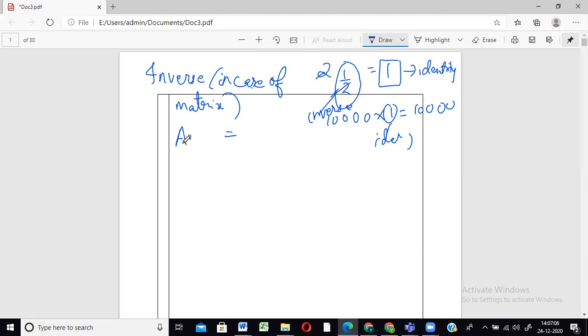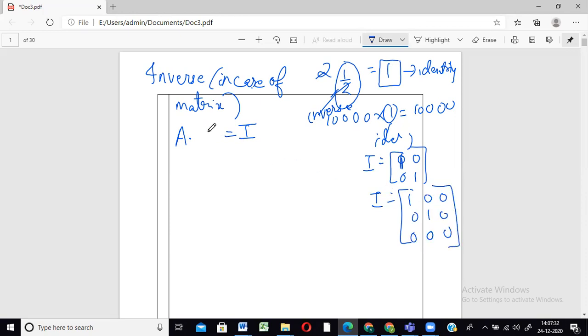What do I want? When I multiply the original matrix with its inverse, I should get the answer as identity, right? 1 was the identity in terms of numbers, and we know that identity in terms of matrices is I. I is usually written as 1, 0, 0, 1 in case of 2 cross 2. If it is 3 cross 3, it is written as 1, 0, 0, 0, 1, 0, 0, 0, 1.